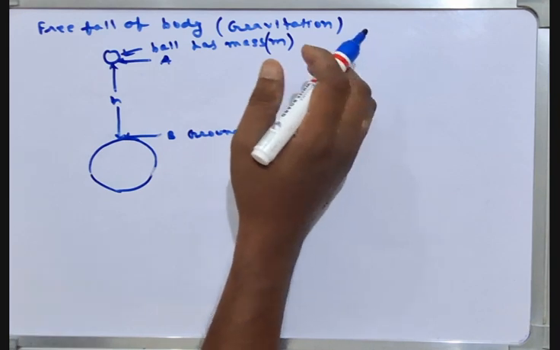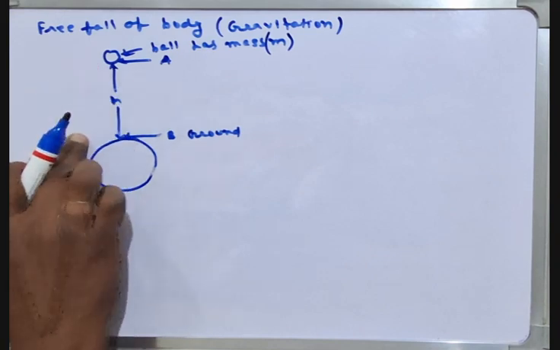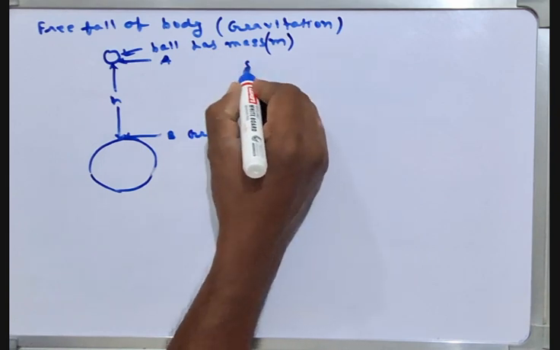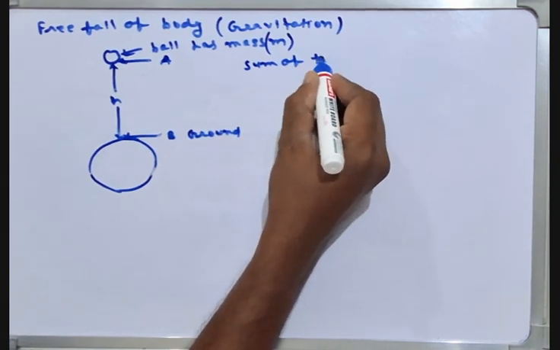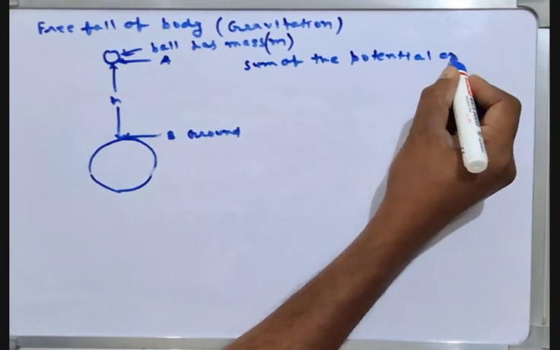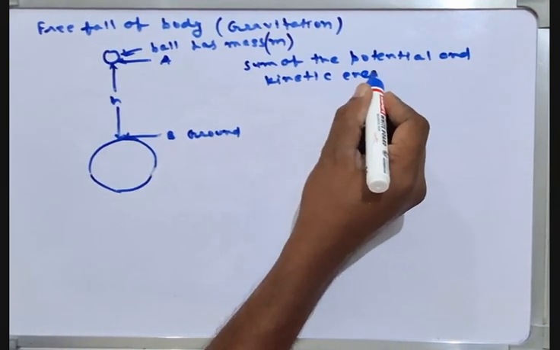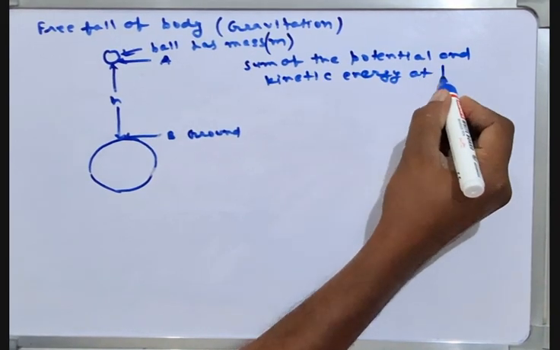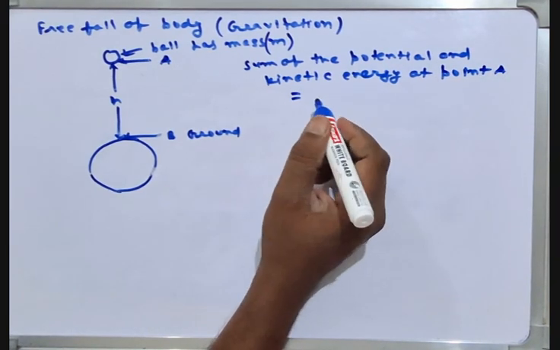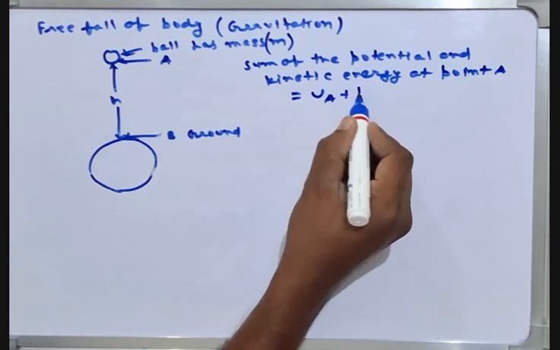See how, when we talk about this ball at this position, then the sum of the potential and kinetic energy at point A is equal to UA plus KA.